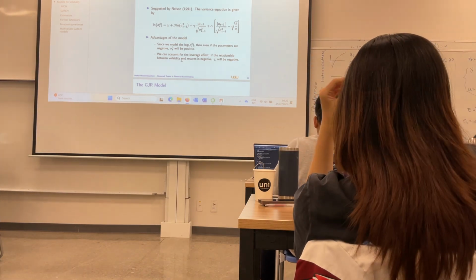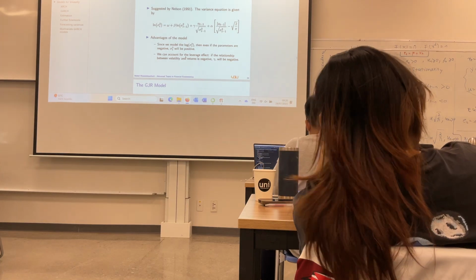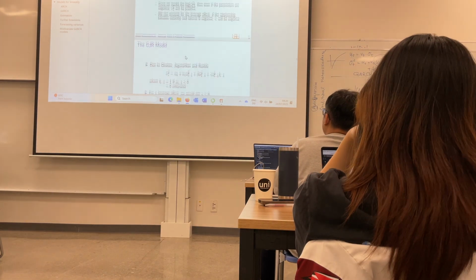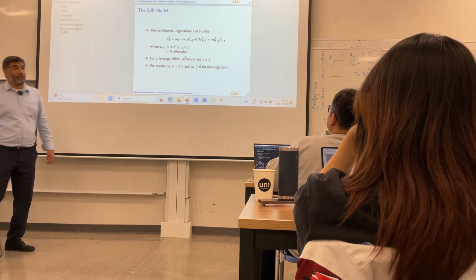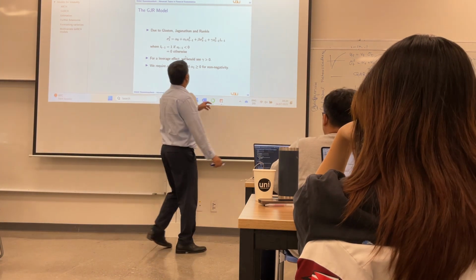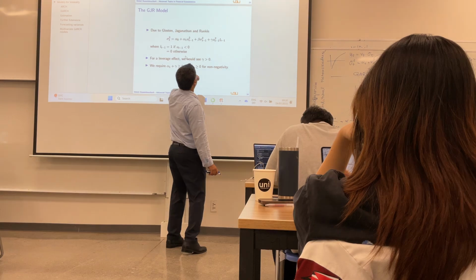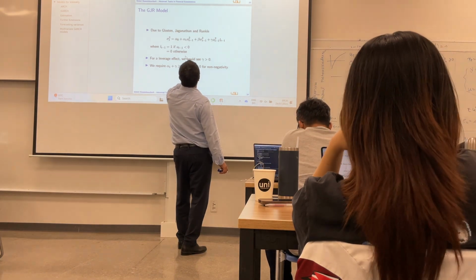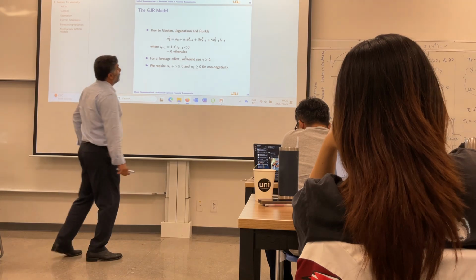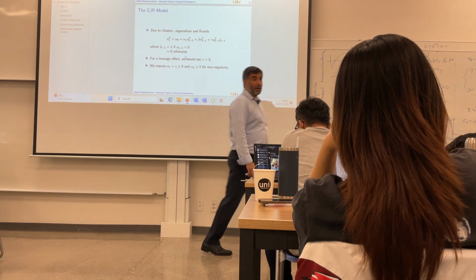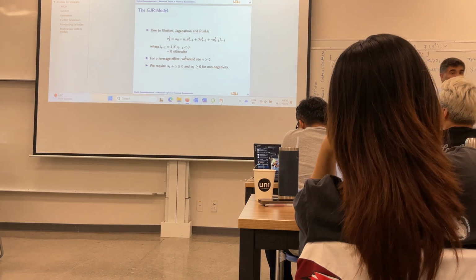But maybe before I continue with the estimation, we still have time. So let me tell you a similar model, which is capable of capturing the leverage effect, which is called the GJR model.